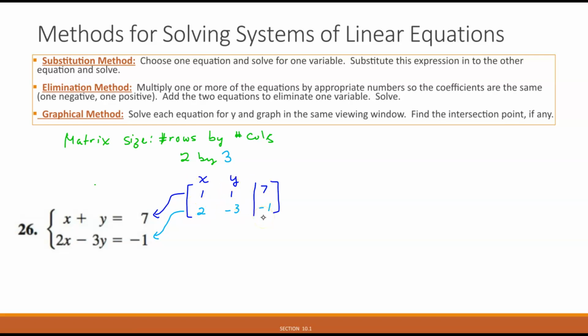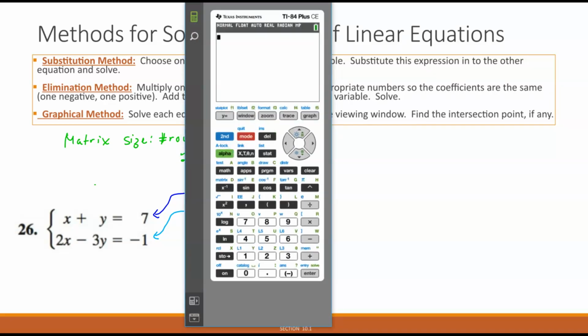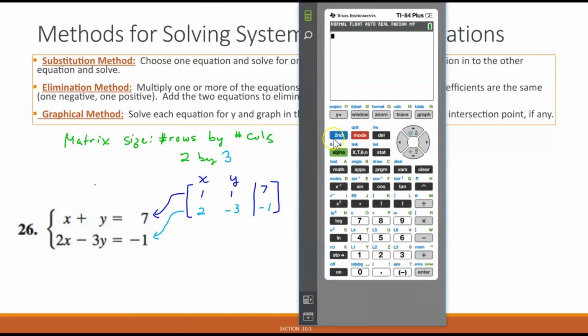Let's get this put into our calculator and we can look at how to solve this system of equations. Okay, so we go into second matrix. We're going to go over to edit because we want to put in these numbers. Second matrix, edit. We decided based on our system of equations that we have 2 rows and 3 columns.